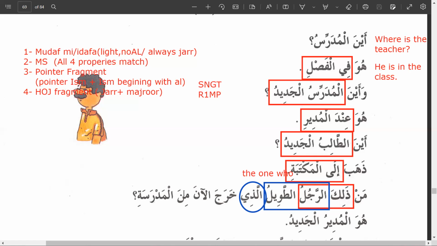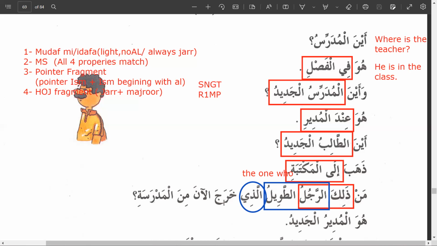Minal madrasati. You know this, the meaning of minal madrasati. Who exited just now from, don't you know minal madrasati? No, madrasa is a school.